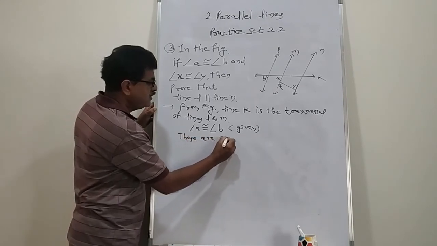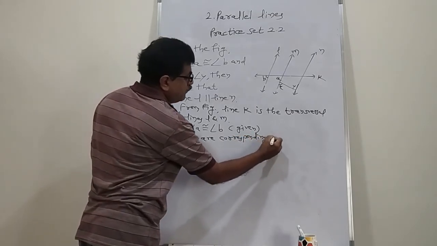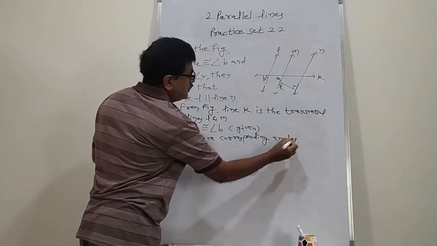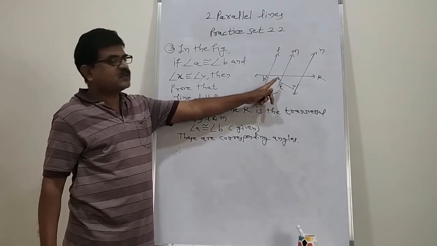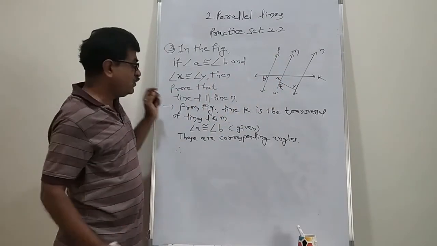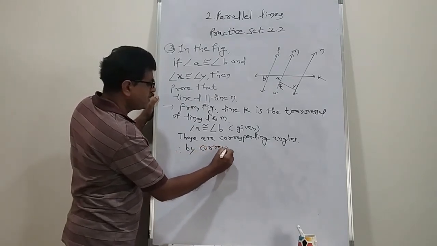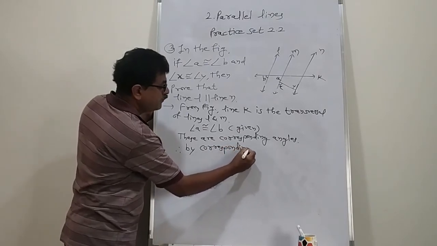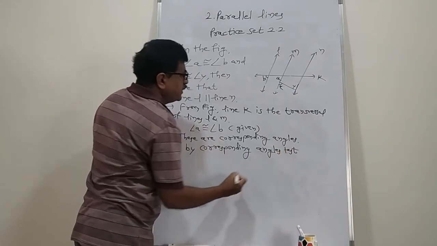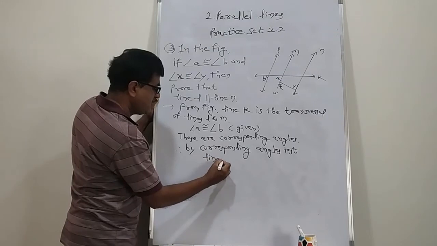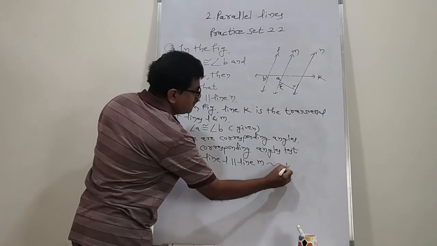These are corresponding angles. And if corresponding angles are congruent, therefore by the corresponding angles test, line L parallel to line M. This is number 1.